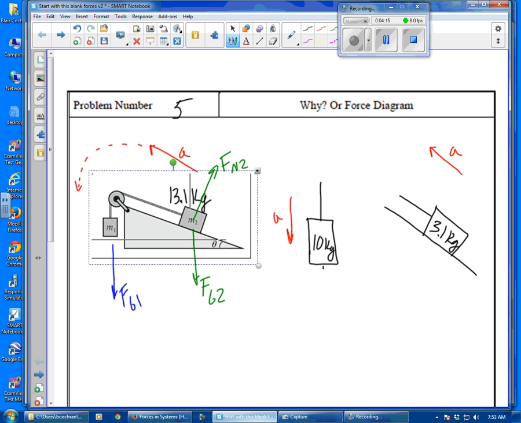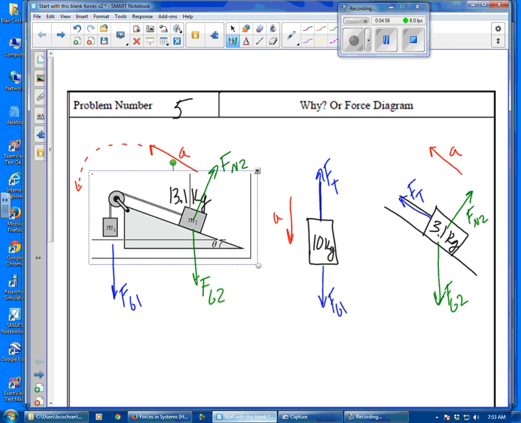Kind of a weird statement, but here we have F g1 again. Here we have F sub T. Here we would have F sub T. There's no friction, so I don't have to worry about that. Here we'd have force normal caused by the second object, F sub g of the second object, so the weight of the second object. Yeah, so those would be the complete force diagrams.